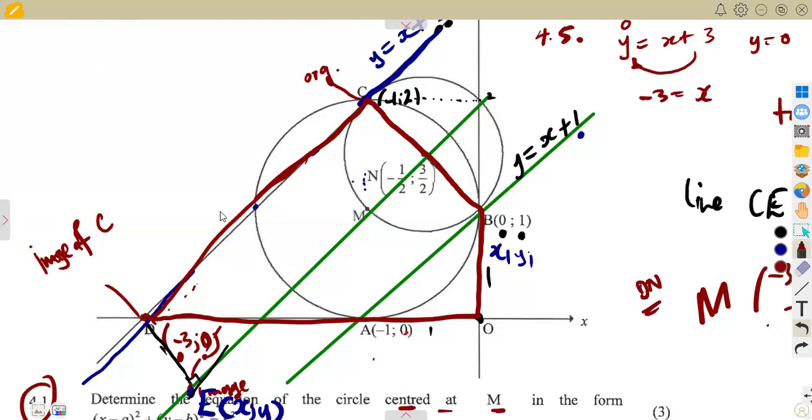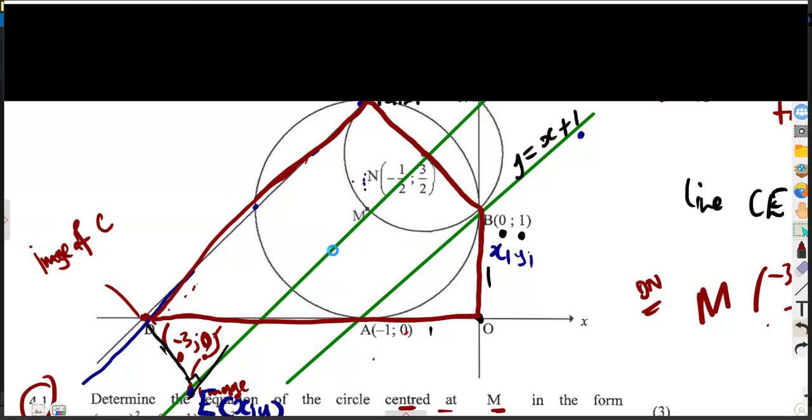I want you to consider this shape. Let me just remove this part because it is just going to affect us for nothing here. Sorry guys, I just hope this software is not going to stop because I need to finish this question.